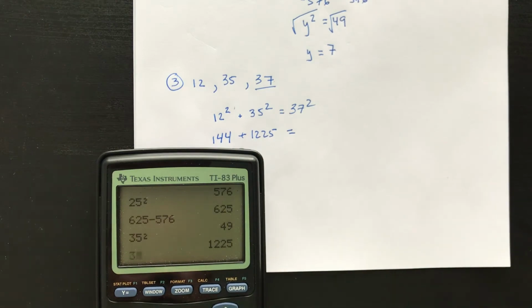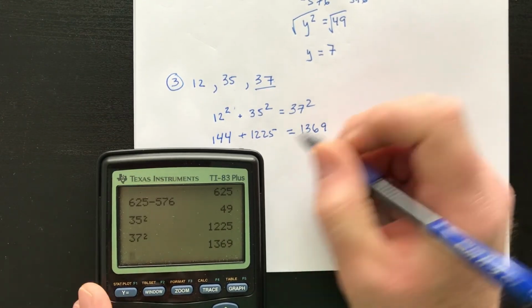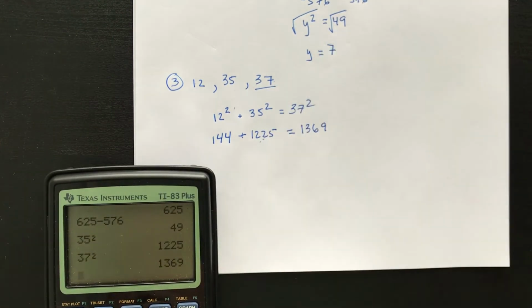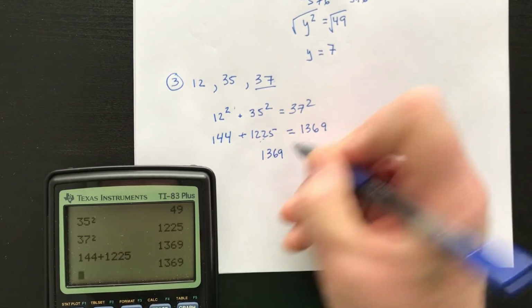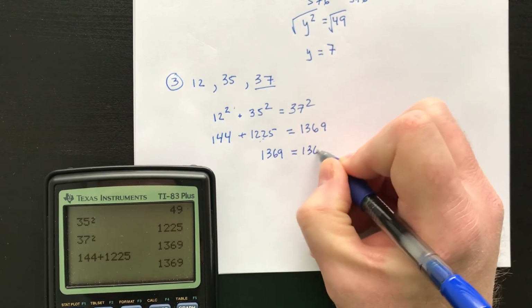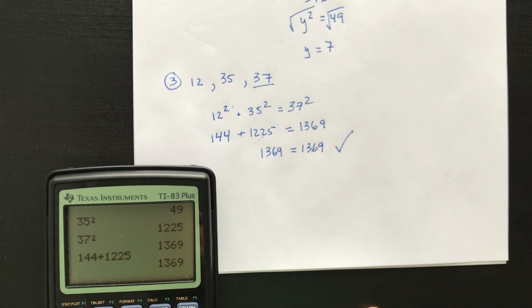Does this equal 1369? So let's add these together. 144 plus 1225. Yes, it does. So this is a right triangle.